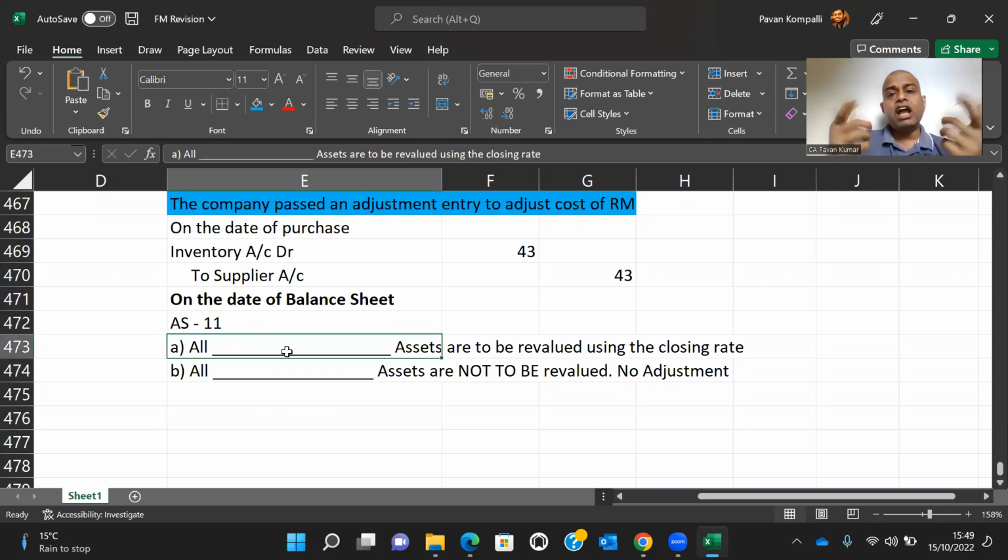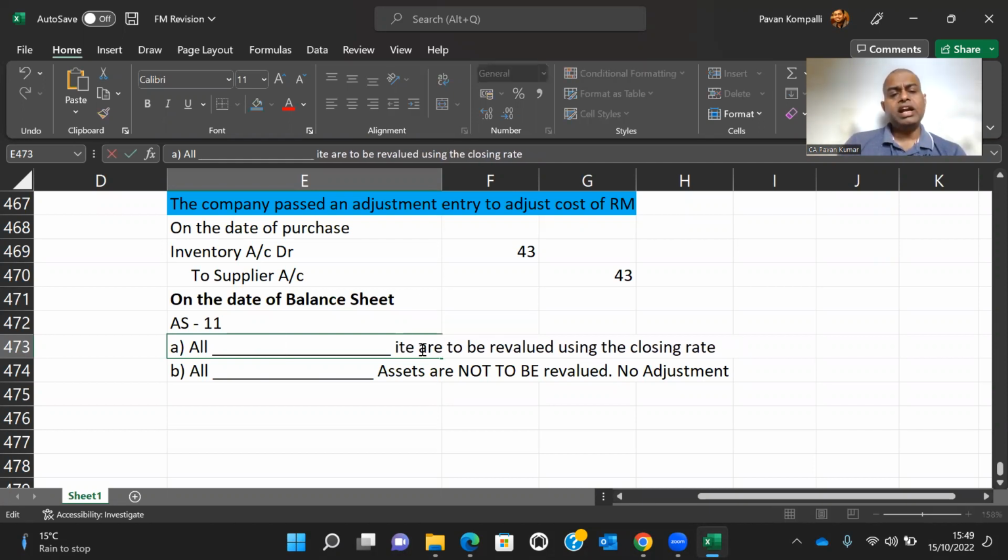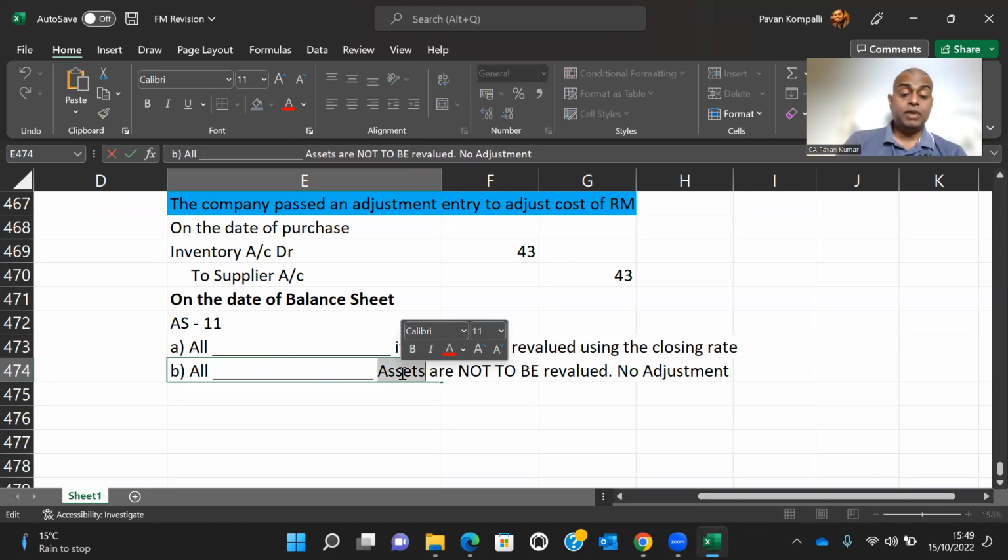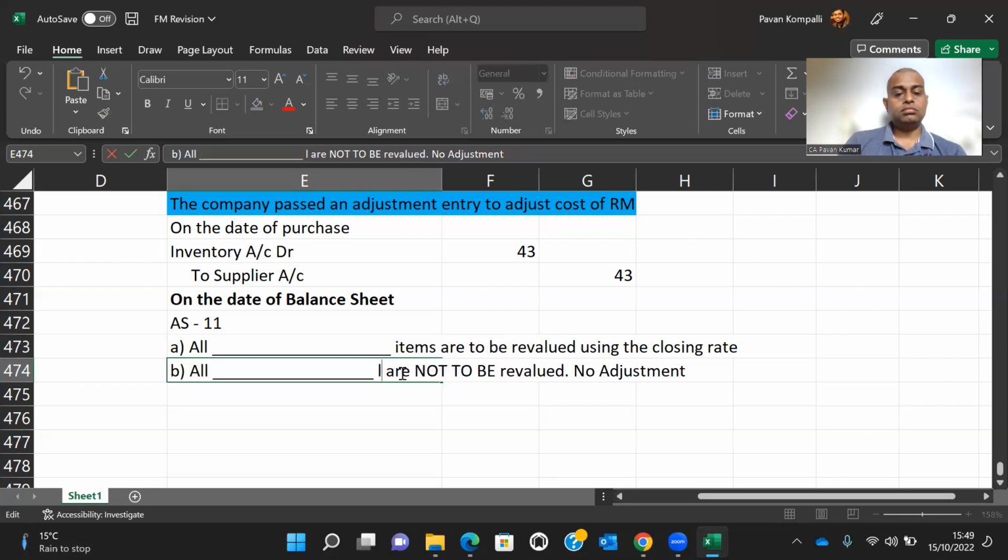So which one is to be revalued? Monetary item or non-monetary item? Which one is to be revalued? Need not be asset. Here you can write items, because this principle applies to liabilities also.